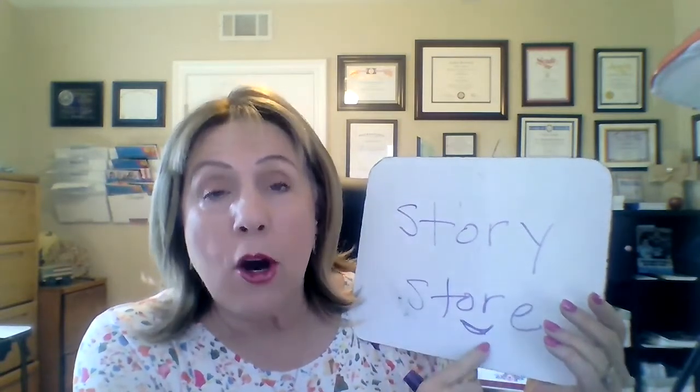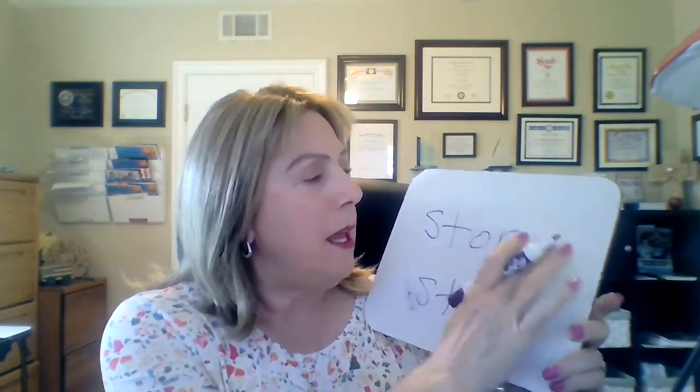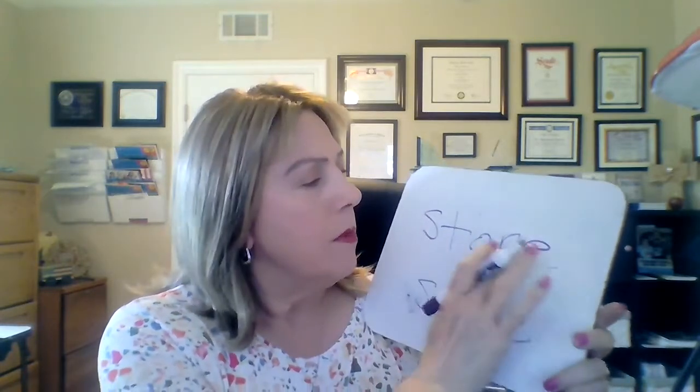So we call this the sneaky E that's at the end of the word. And because OR is a bossy R, the E after it says or, and it's a silent E, okay? Different from story. So if they put the E here, they have store.